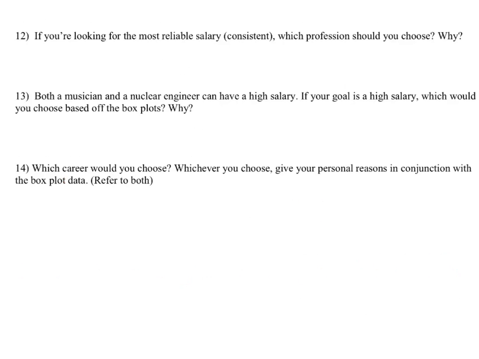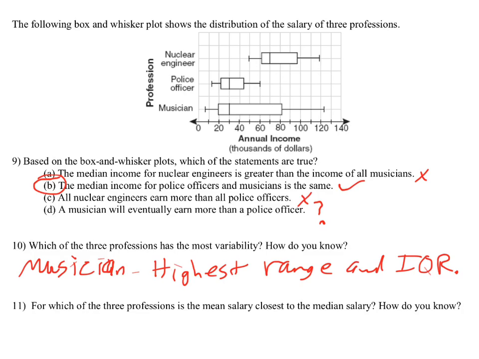Okay, and then let's see, number 11. Which of the 3 professions is the mean salary closest to the median salary, and how do you know? Oh, that's a fun question. So if you look at the data for these, the lower half is close together, and then the upper half's more spread out. And what that's going to do is it's going to pull the median away from the mean, and it's going to shift it that way.